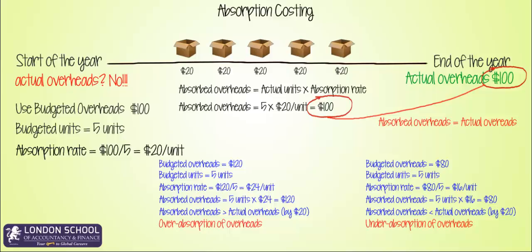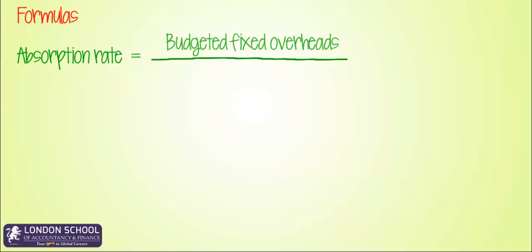Now let's review the formulas that we have just done. So first of all, we need to calculate the absorption rate. Absorption rate is equal to budgeted overheads over budgeted activity level. Similarly, we also looked at how to calculate the absorbed overheads.